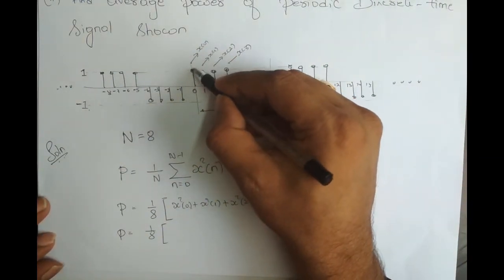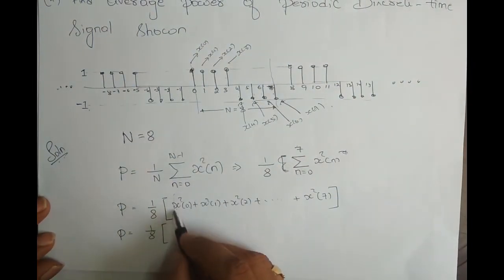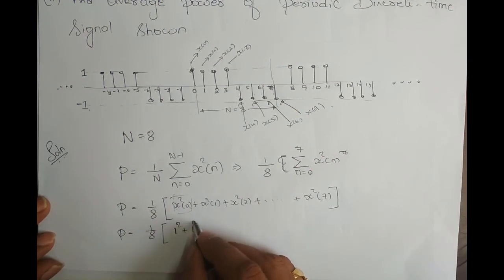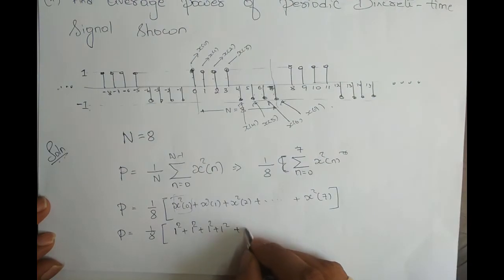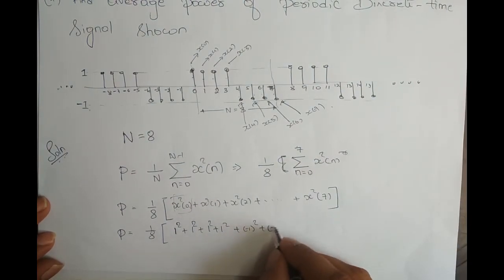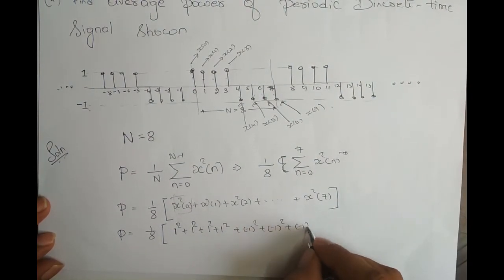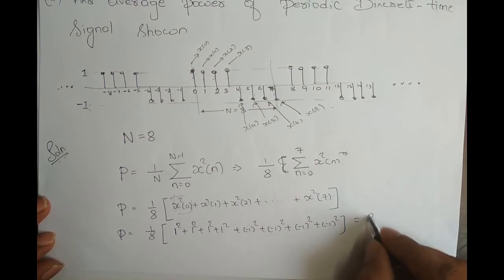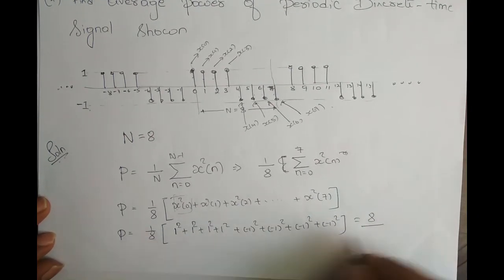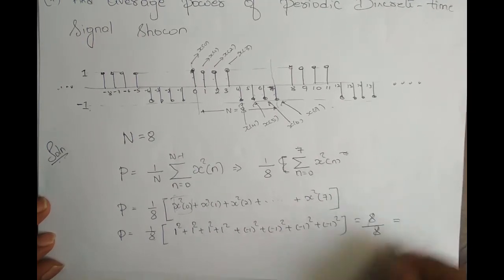It is 1, and 1 square is 1. So 1 square plus 1 square, and so on for the first four samples, plus minus 1 square, four times for the remaining samples. This happens to be 8, divided by this value 8. So these cancel out, and I end up with the value 1.